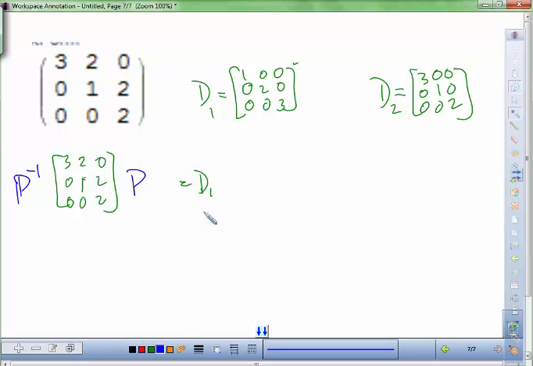It also means that we should be able to find another one. This is where it'll be different.